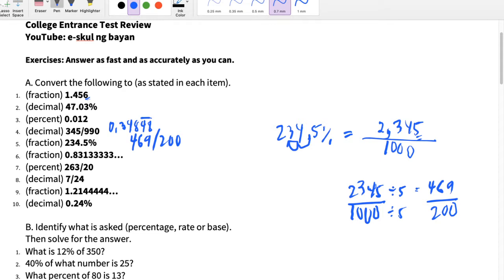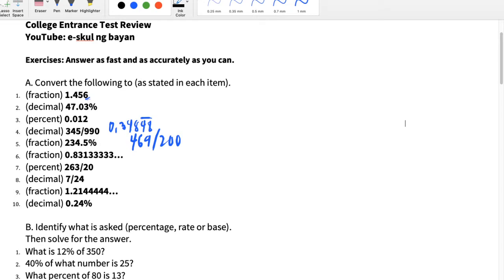How about number 6? So, convert this one into a fraction. So, paano nga ulit kapag meron tayong repeating, non-terminating repeating decimal? Ang gagawin lang natin dito is, bilangin muna natin kung ilan yung repeating digits natin. We have 3. So, isa lang. 3 lang yung nagre-repeat na digit mo.